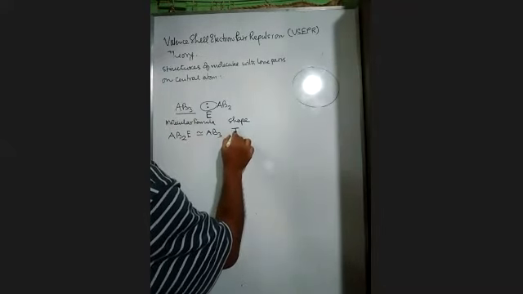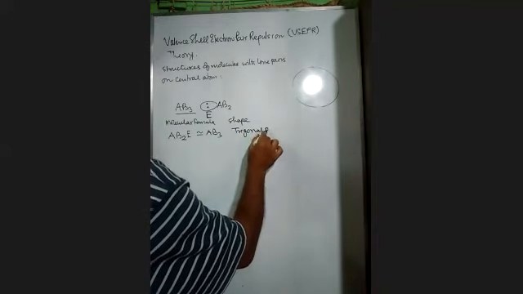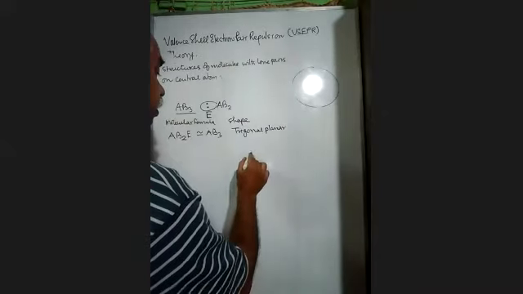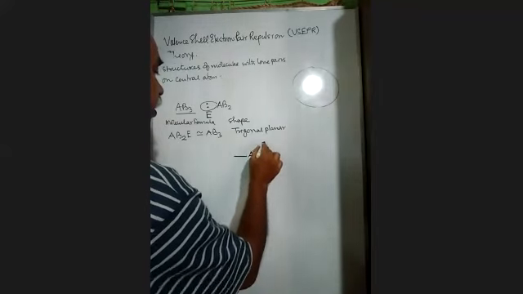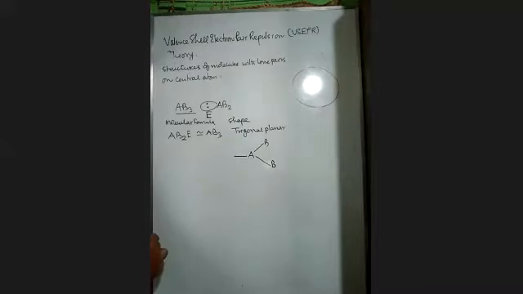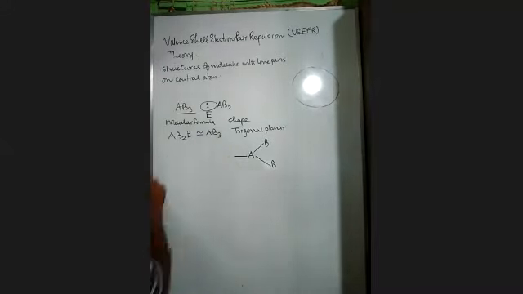It is trigonal planar. How should it look like? It should look like this. I should have put E, but actually B is not there.